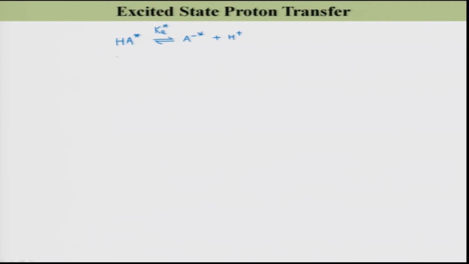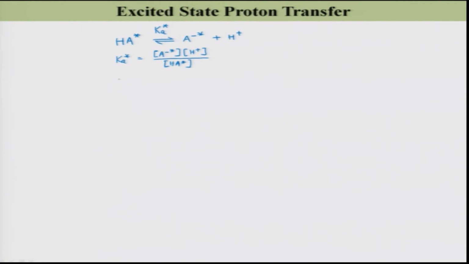So, I can simply write that K A star is equal to the concentration of A minus star times the concentration of H plus divided by the concentration of HA star. Again, to tell you that these concentrations are equilibrium concentrations.